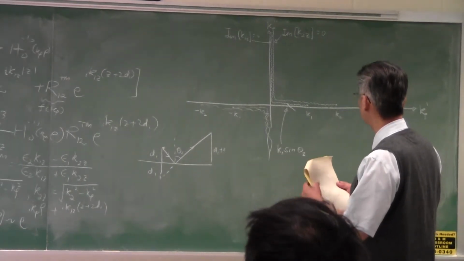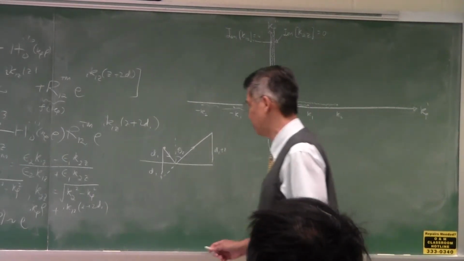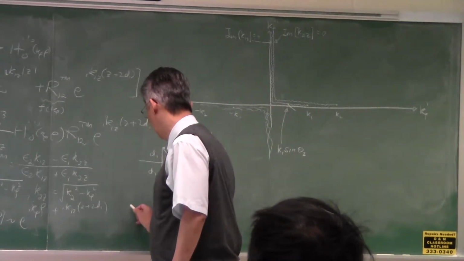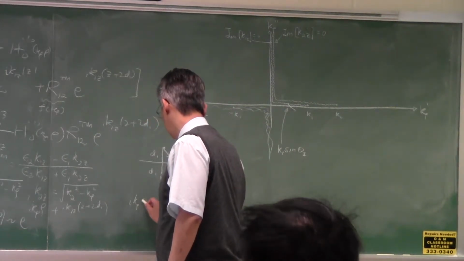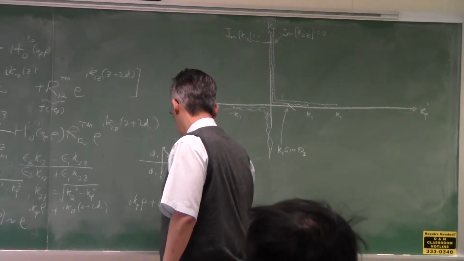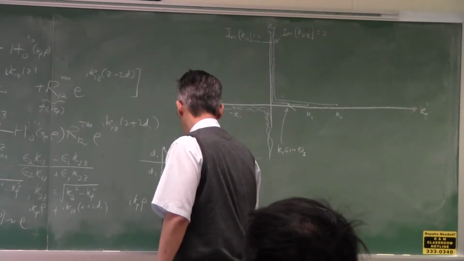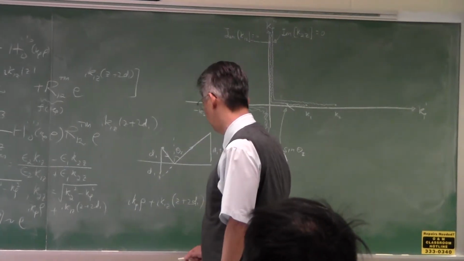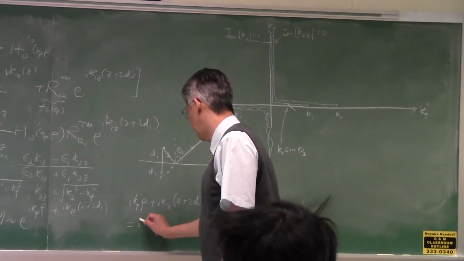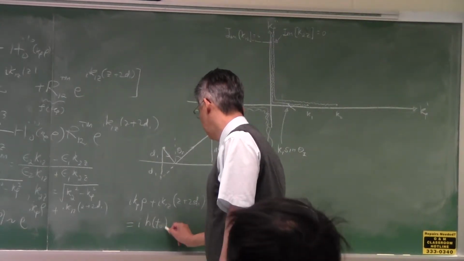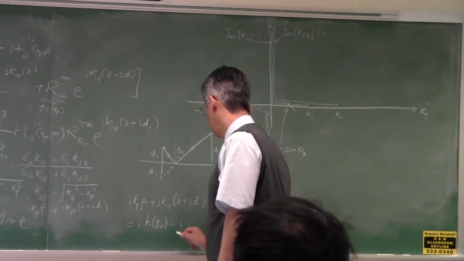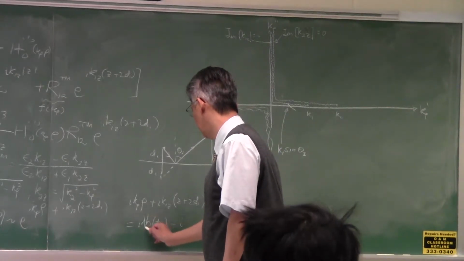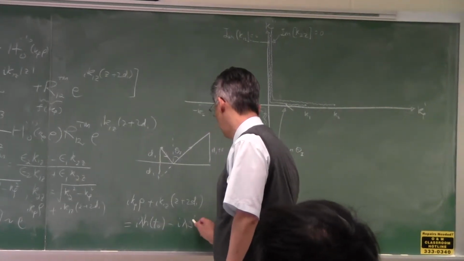Okay? This is the location of the saddle point, and of course, if you were to work out the steepest descent path, you work it out by equating this phase function to be equal to i h t0 minus i lambda s squared.